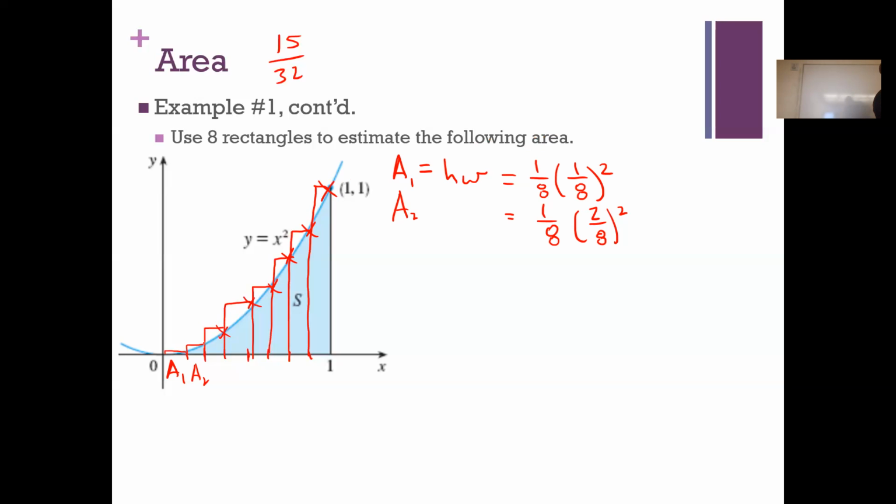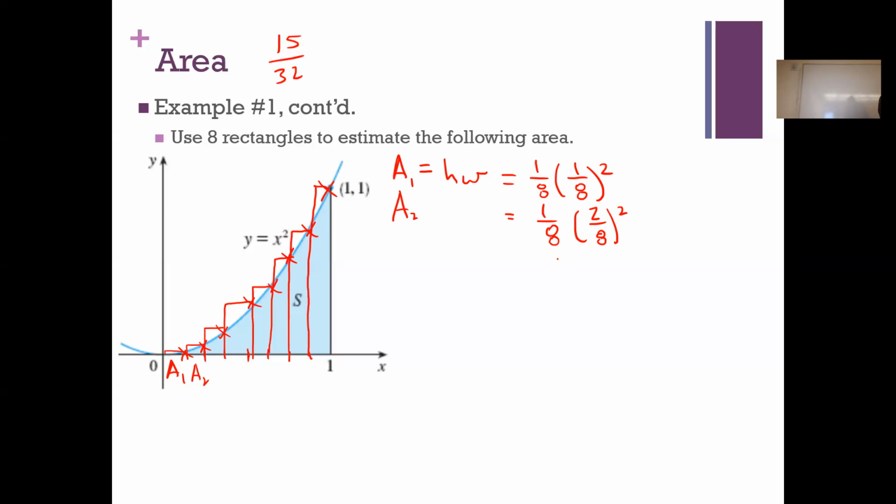But if I pick the right-hand side of these intervals, then the first height comes from the X value of 1/8, so the height is 1/8 squared. The next one is 2/8 squared, and so on, right? Any questions there?